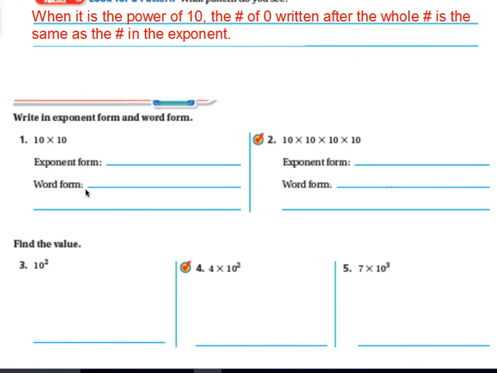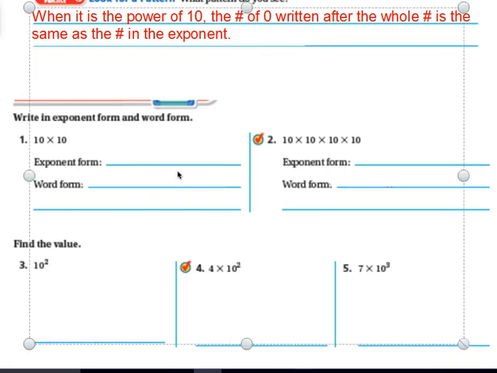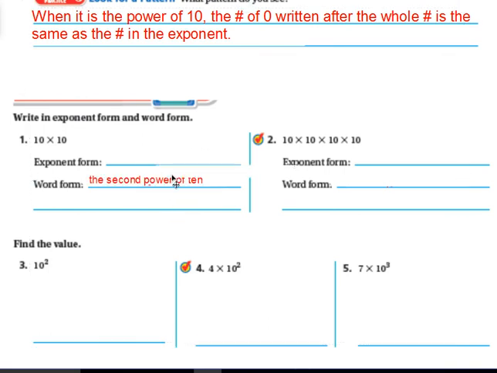So please write these in exponent form and word form. Stop the tape and do 1 and 2. I have 10 as my base, and my exponent is 2. To write it, remember I always have to put the exponent first.